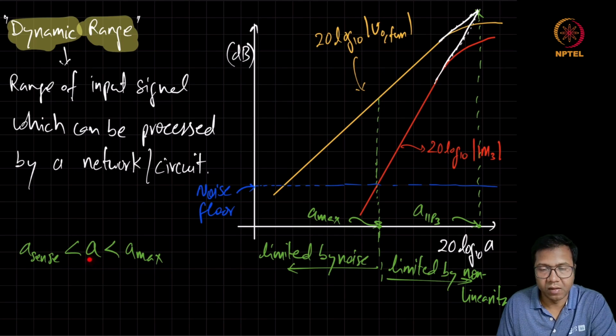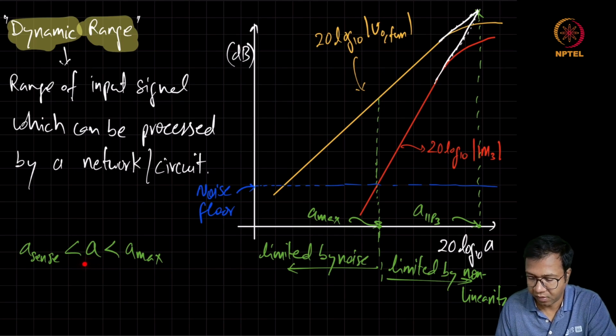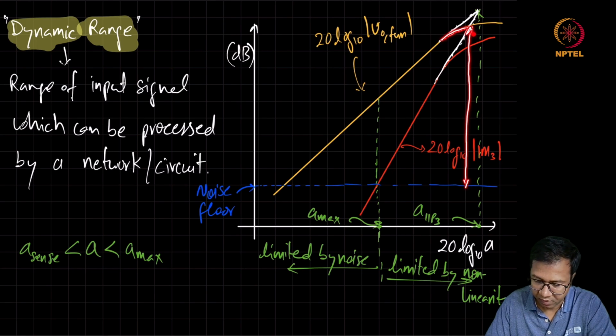There can be another definition of dynamic range where we may say that we can apply the input till the input amplitude or the input gain reduces by 1 dB, and the minimum is going to correspond to the sensitivity of the circuit. That is going to give you another definition of dynamic range.